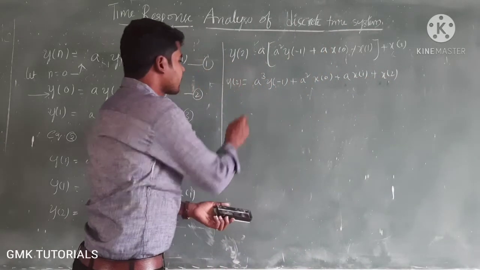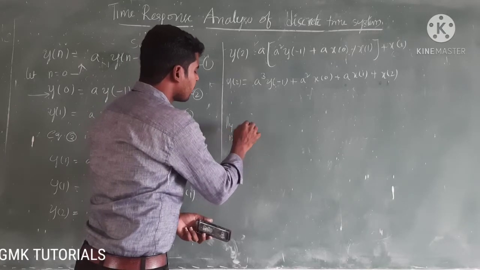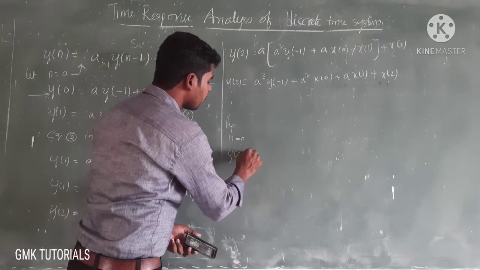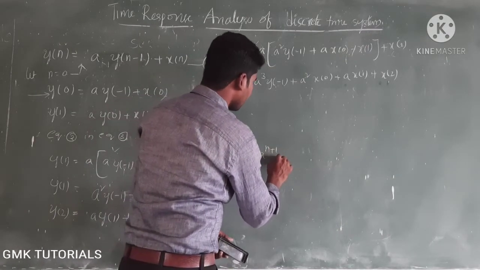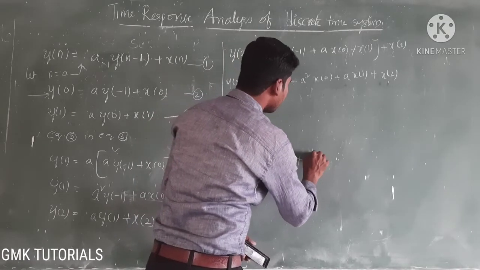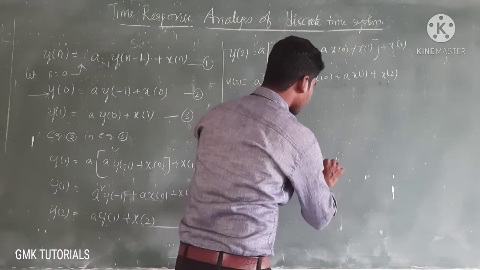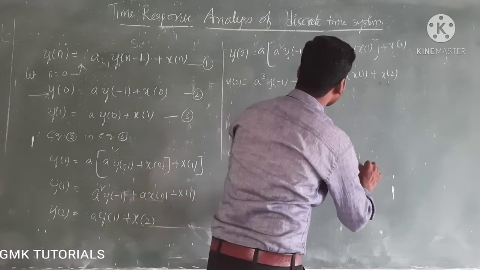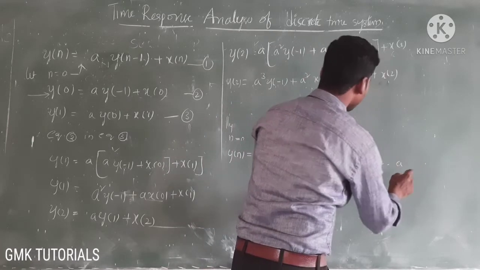Suppose we extend this to n values, similarly for n instant, it can be represented as y of n is equal to a power n plus 1 into y of minus 1 plus a power n into x of 0 plus a power n minus 1 into x of 1 and so on.